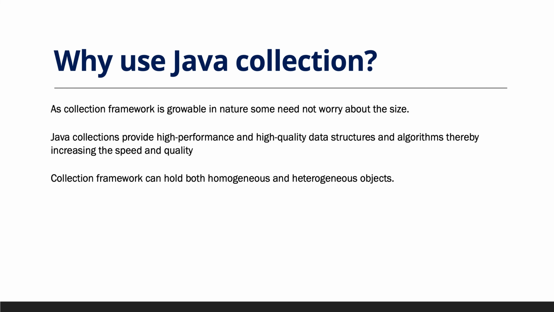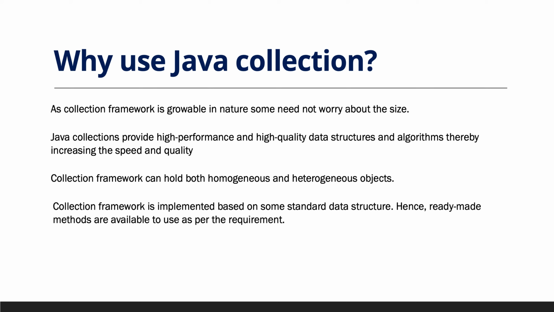That's why we are saying this problem will be resolved in the case of the collection, because the collection framework can hold both homogeneous and heterogeneous objects. So this is another reason that we can go for the Java collection. The next reason why we go for the Java collection is that the Java collection framework is implemented based on standard data structures.